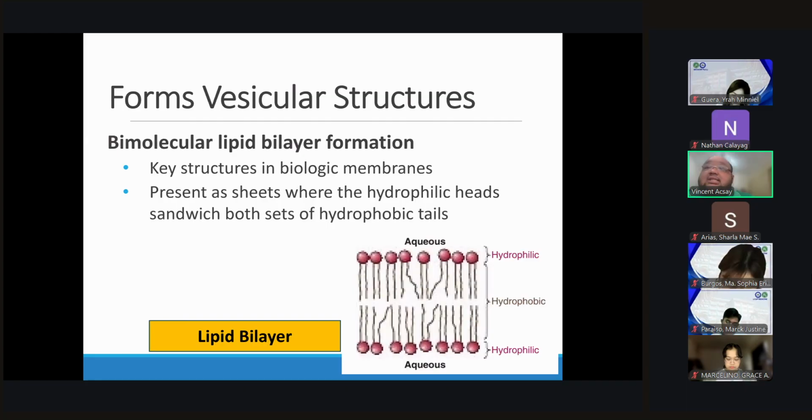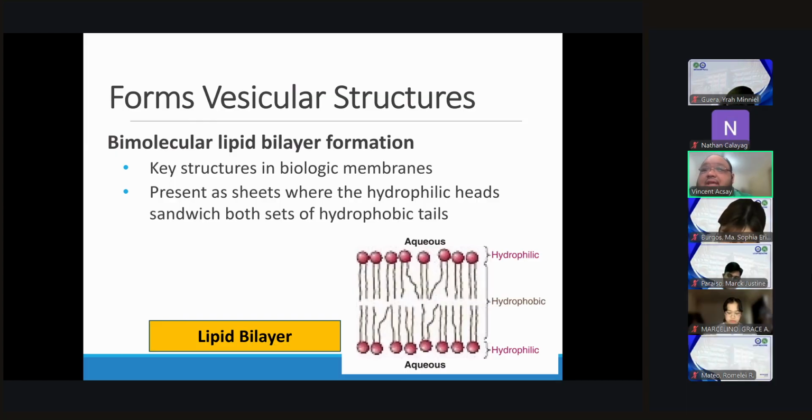This is the key structure when it comes to your biologic membranes, where sheets form in which the hydrophilic heads, in a sense, sandwich both sets of hydrophobic tails. So this is a diagram of your lipid bilayer, where your hydrophobic tails are hidden or sequestered between your hydrophilic heads.